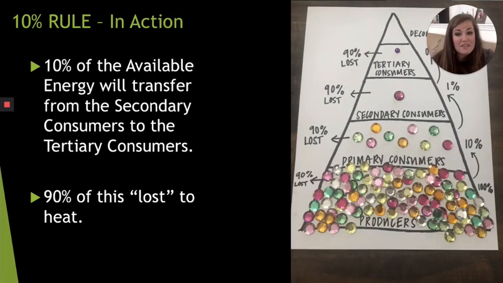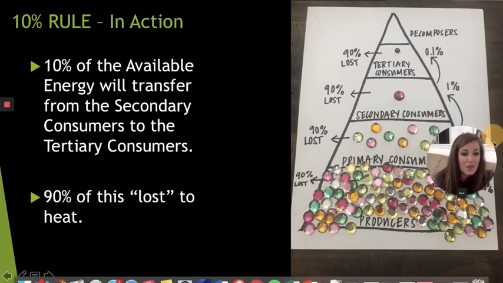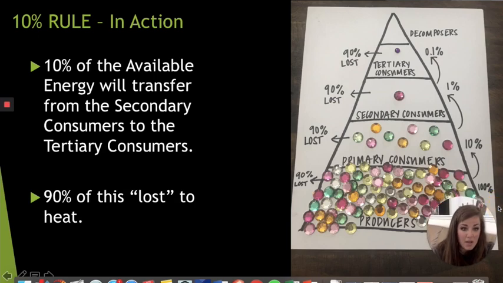So moving to the next phase, that secondary consumer gave 10% of what was available, it's 1 unit of energy, to the tertiary consumers. And the tertiary consumers were left with 0.1%. Of that 0.1, they're going to give 10% away.